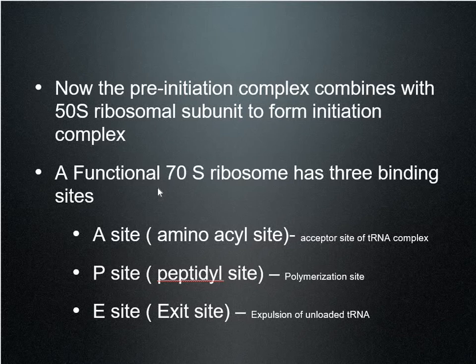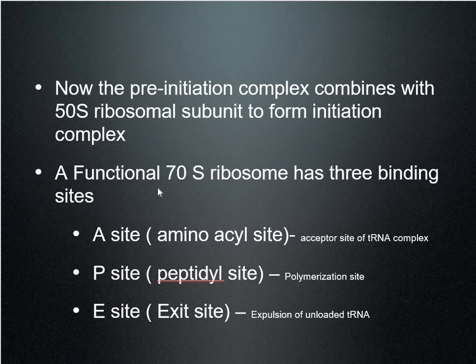The P site is called the polymerization site. The polymerization, that is peptide bond formation, happens in the P site. Peptide bonds are the bonds which combine amino acids together.